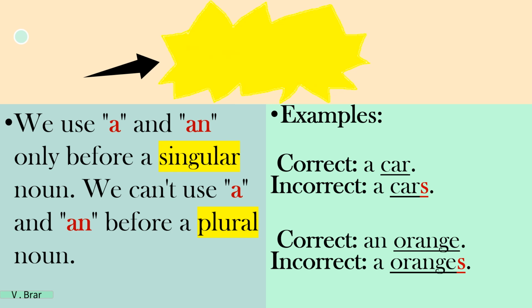For example, a car. Car is singular, one only. An orange. Orange is also one only. We cannot use a and an before plural nouns, that is cars or oranges, because they are many.